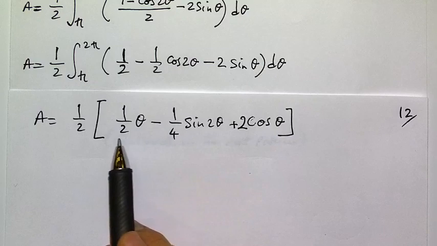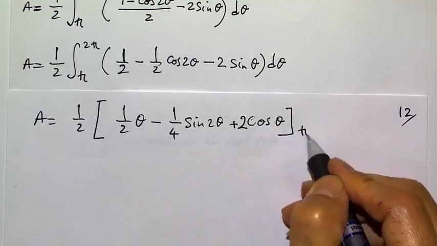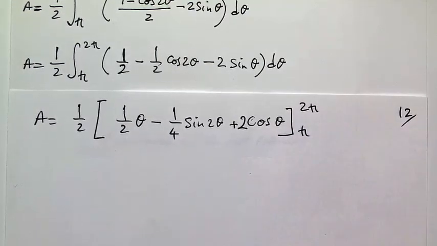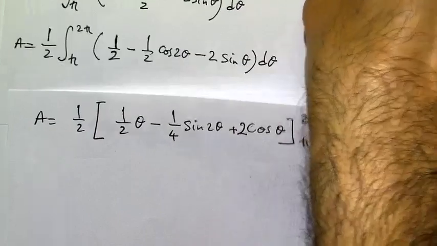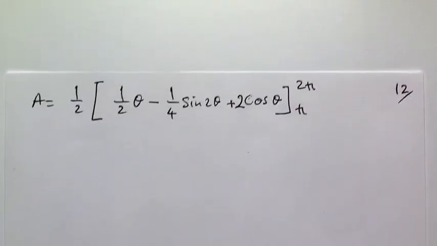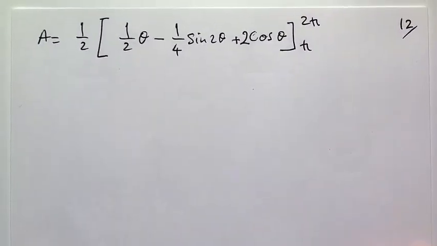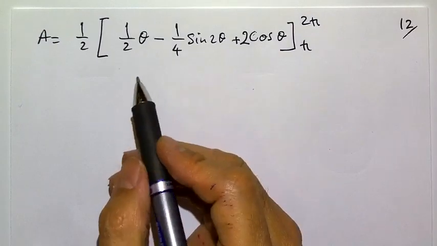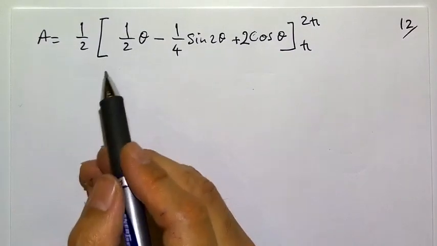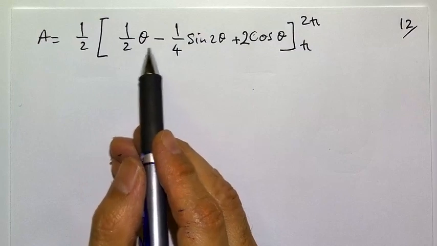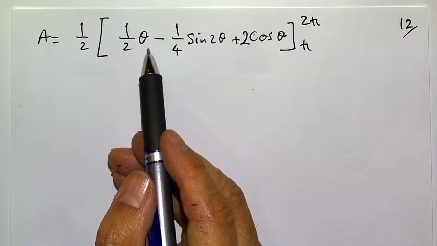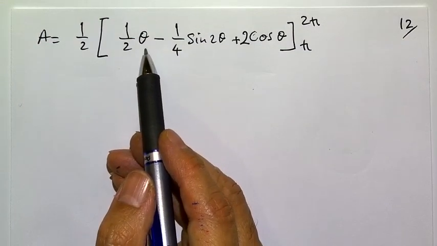Looks good. Okay, so from pi to 2 pi. All right, so then let's substitute for theta with 2 pi and then pi.